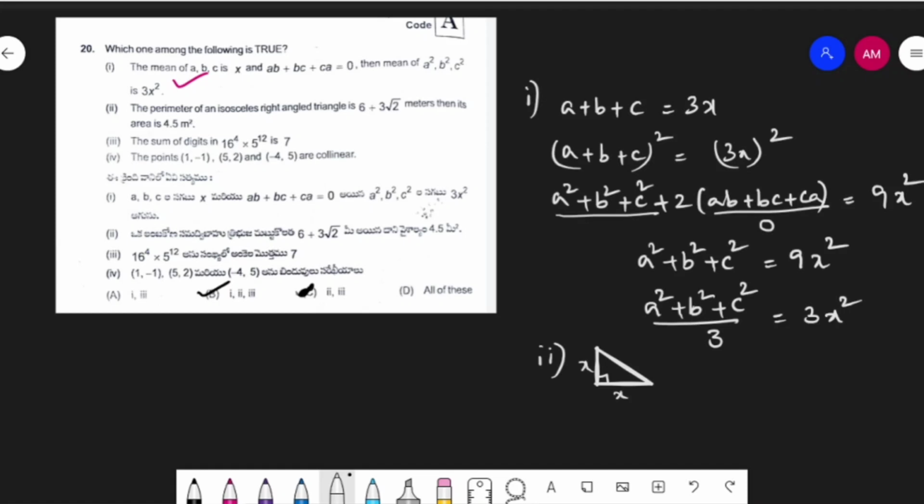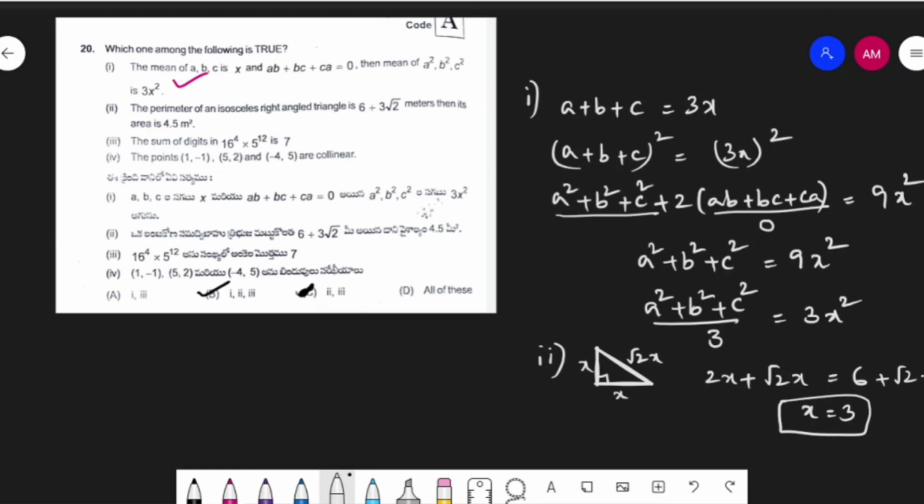Square root of x square plus y square, that means root of 2x square, that means root 2 x. What they gave, that perimeter is 6 plus 3 root 2. Adding these 3, x plus x is 2x, and we have root 2 x is equal to 6 plus root 2 into 3. By comparing, we get x is equal to 3.